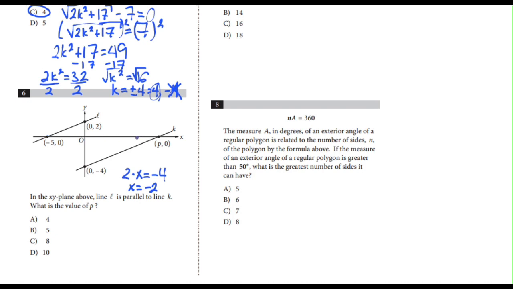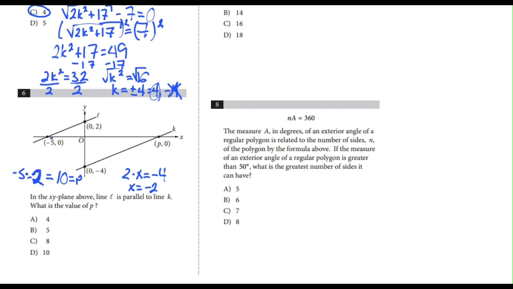We can do the same thing with the x values. We have negative 5, and if we multiply by the ratio factor of negative 2, negative 5 times negative 2 is going to be positive 10, which is going to be our answer for P. P is going to be positive 10.